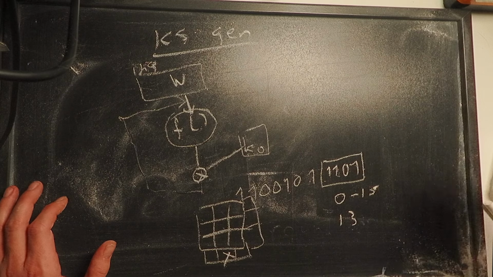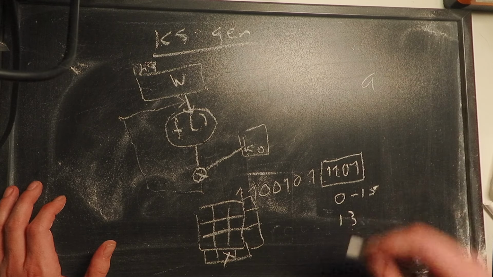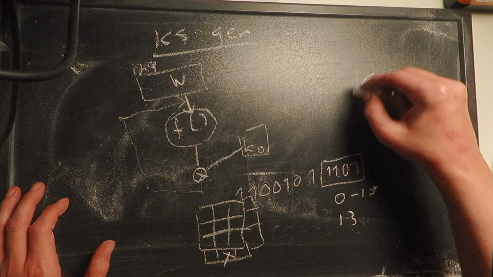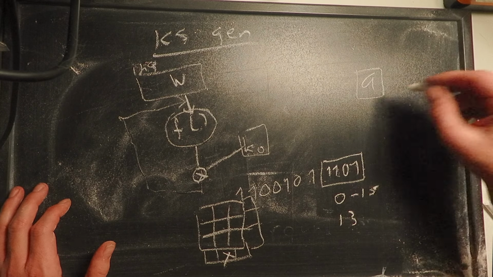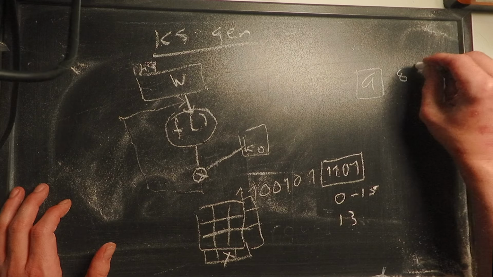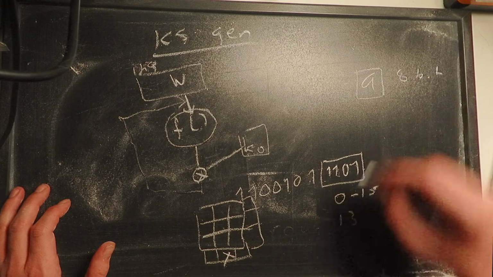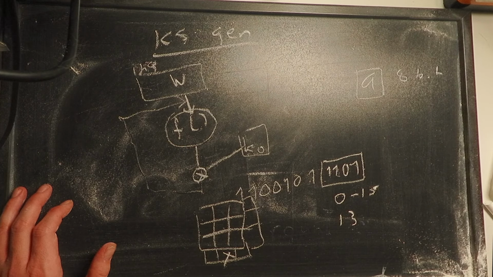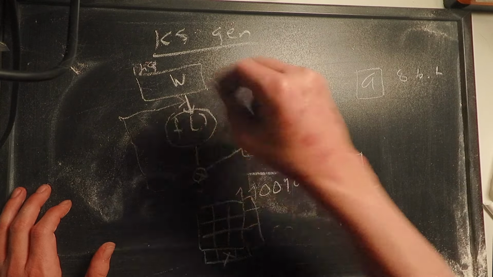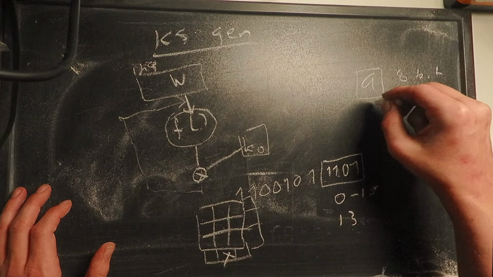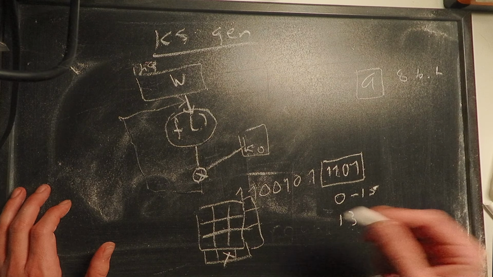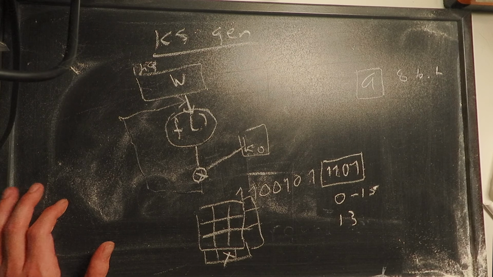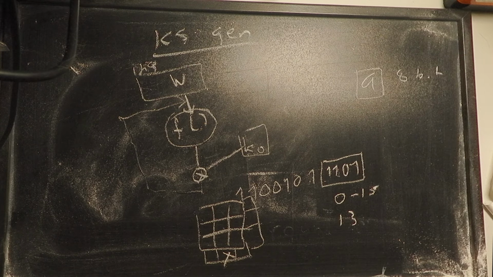So let's say that box contains a small a. That small a, or its ASCII representation, 8 bits, will be the first keystream generated. And then we do 2 more rounds. We generate 1 more byte of keystream, and we keep repeating that forever, or as long as we need more keystream.